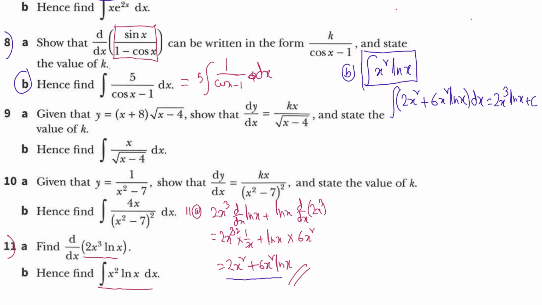Now let me make it subject this one, so we can split it like this. Say integration of 2x square dx plus 6 of x square ln x dx. We can write it like this from the left side, and on the right side it is 2x cube ln x plus c as well.